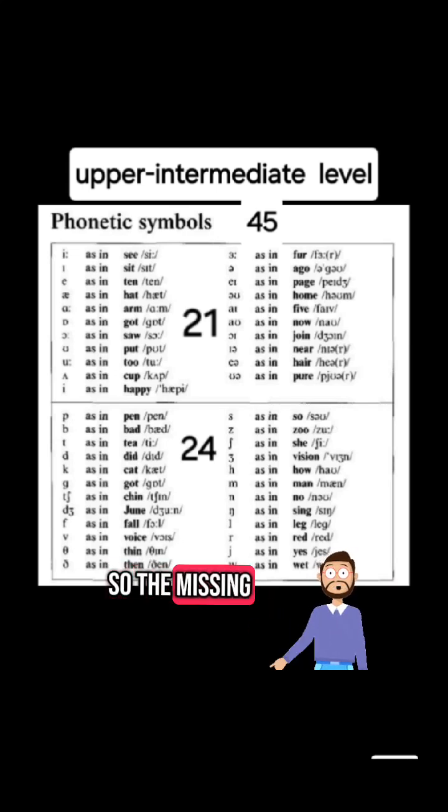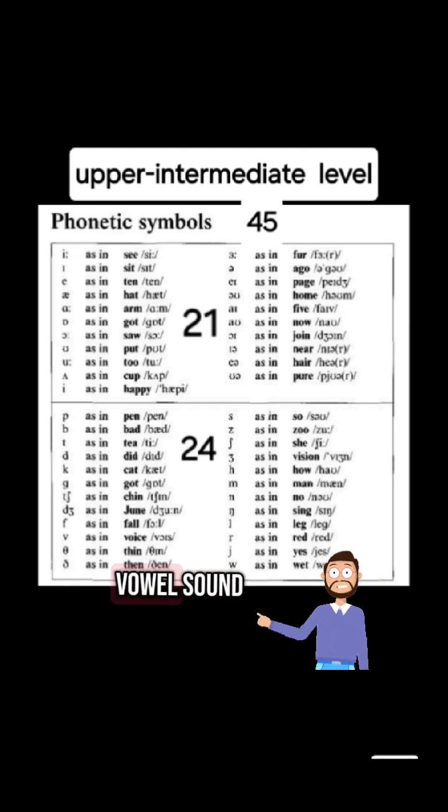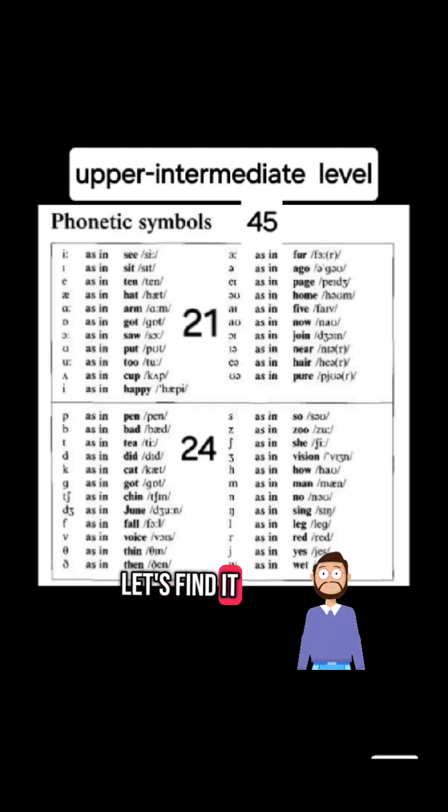So the missing sound is a vowel sound. Let's find it together.